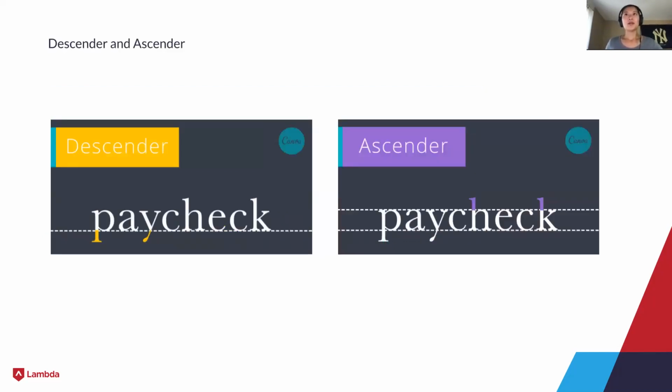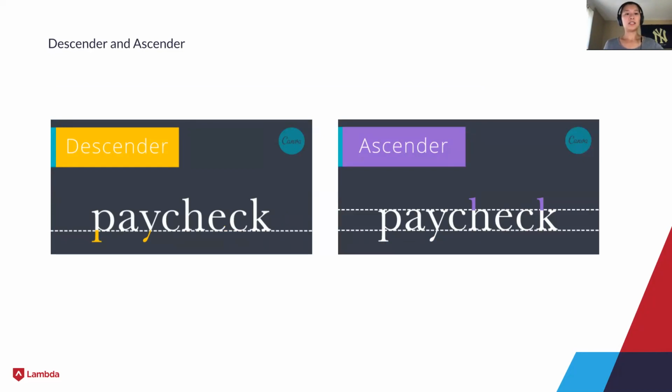This next piece, we're getting into our descenders and ascenders. If we look on the left-hand side, our descender is going to be a piece of a letter that extends below the baseline. We were just talking about this baseline that sits below the bottom of our text. And that descender, where you see that yellow fill, is extending below the baseline.